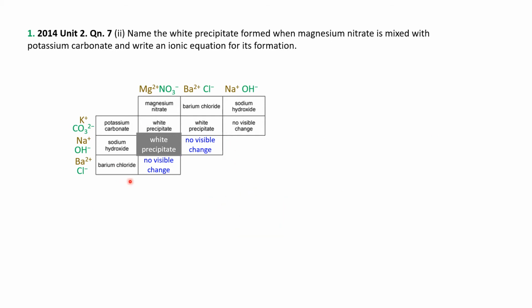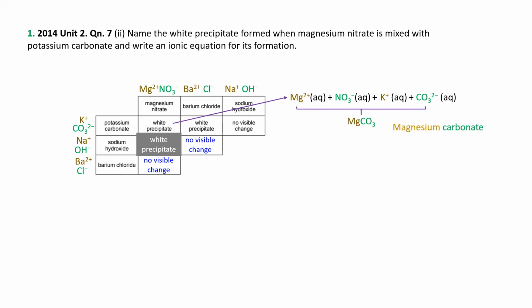Continuing with this, and of course now we filled in the chart in the previous part, name the white precipitate formed when magnesium nitrate is mixed with potassium carbonate. So that's this white precipitate here. So again, we've got magnesium nitrate and potassium carbonate. Anytime you see potassium or nitrate, you know that it's going to be soluble, but you take the magnesium and the carbonate, you make magnesium carbonate there.